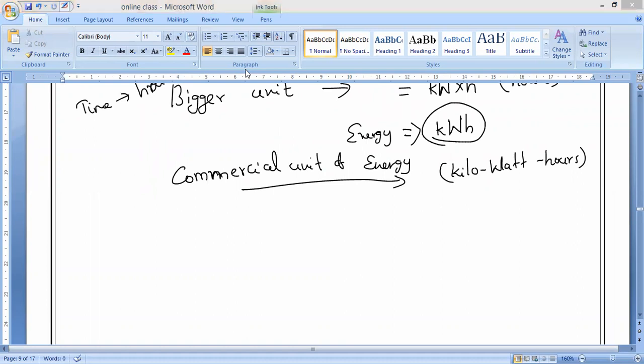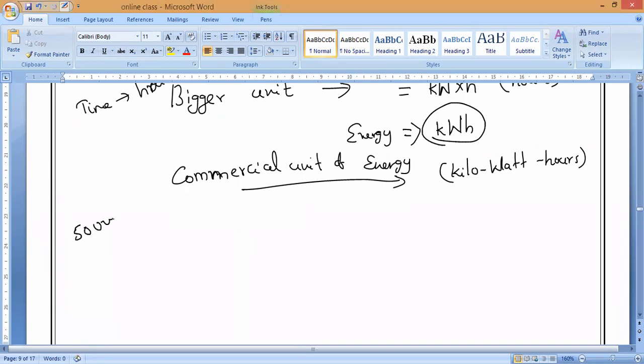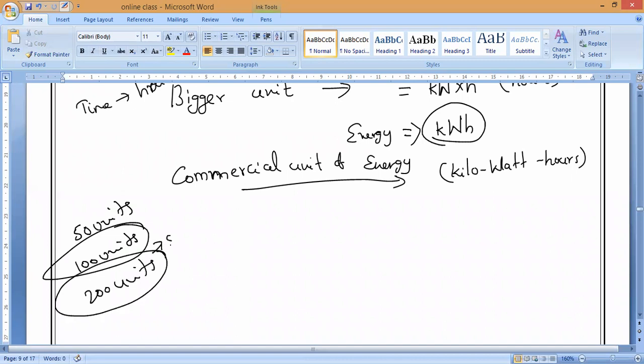This month electricity bill came 50 units, 100 units. Your Tamil Nadu government used to give 100 units free monthly. Have you noticed it? They will say 100 units, 200 units. What are these units? This is energy consumed only.